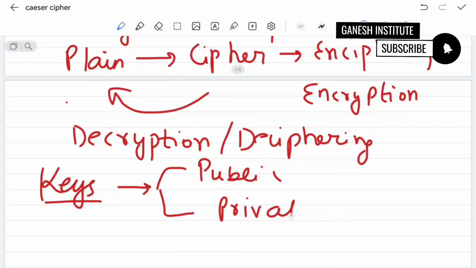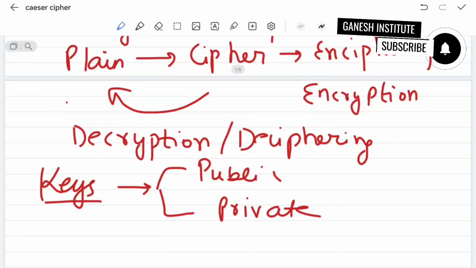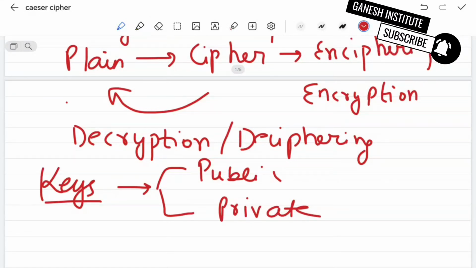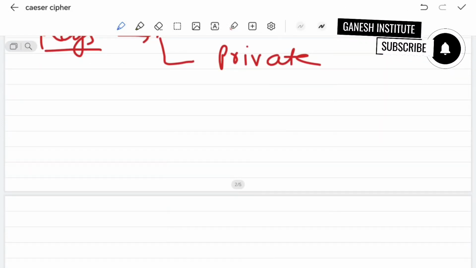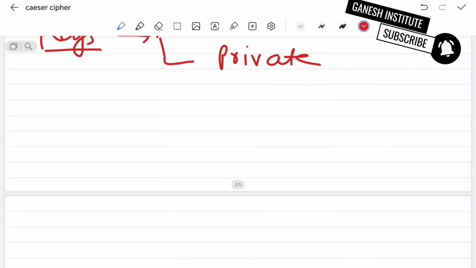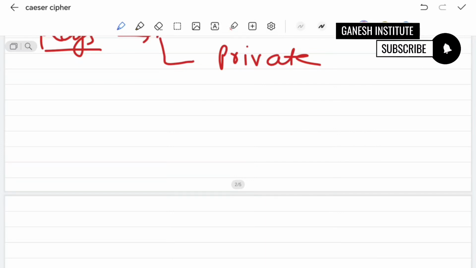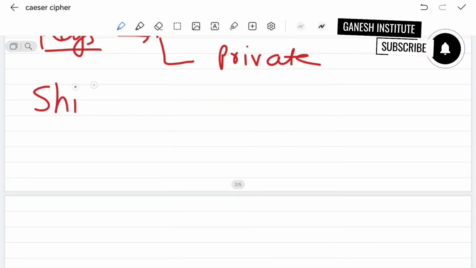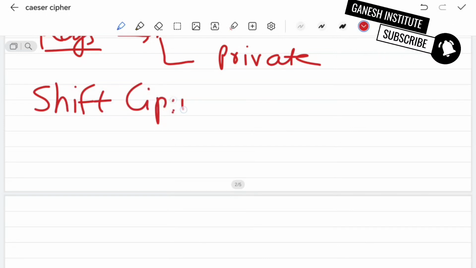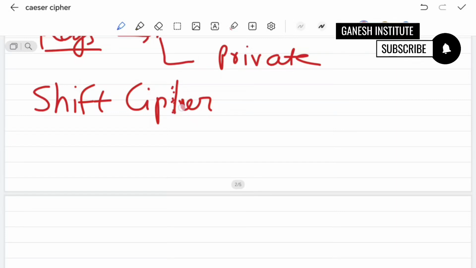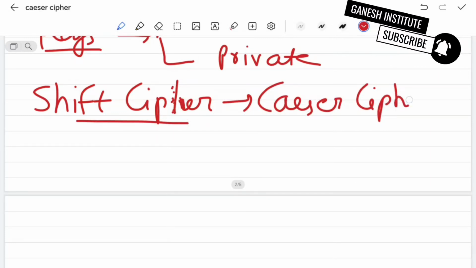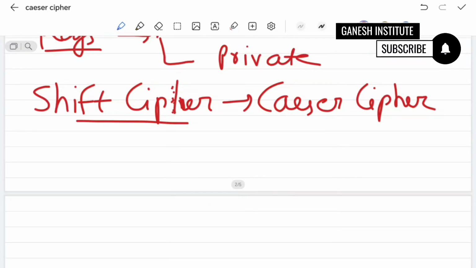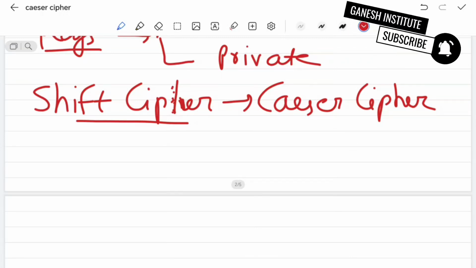There are various methods in modern cryptography, but let's talk about the shift cipher first. And in that too we are talking about the Caesar cipher.